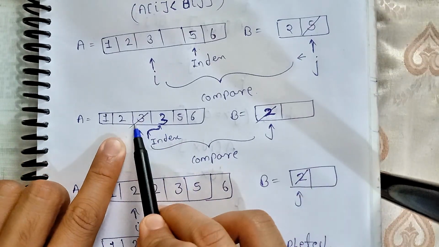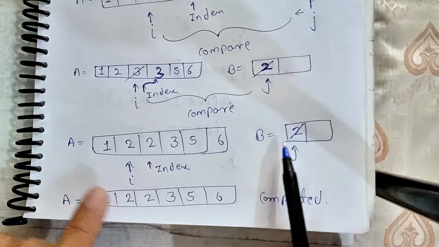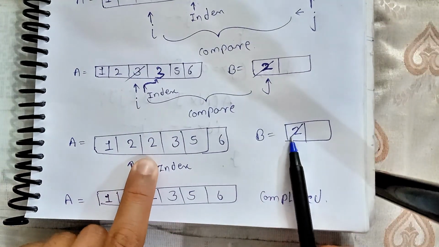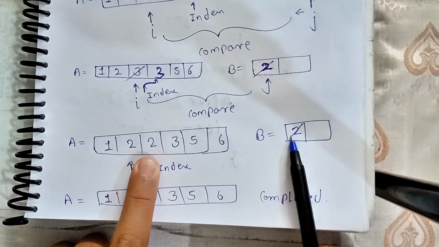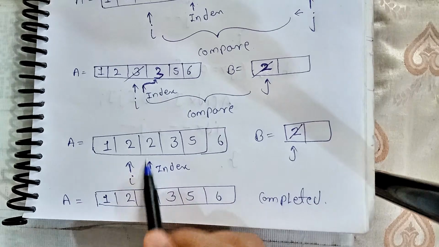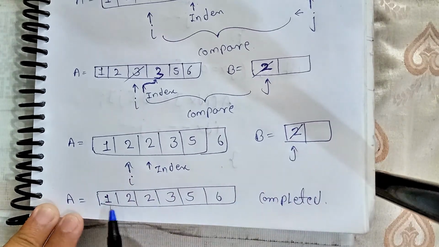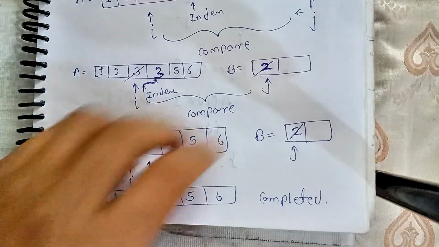We have crossed this element. Now moving ahead, we compare 2 with 2. So 2 is equal to 2, so we store this element over here. After that this array is empty, so we store all the remaining elements over here.